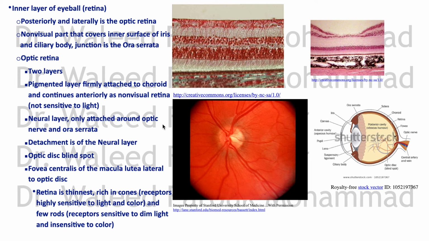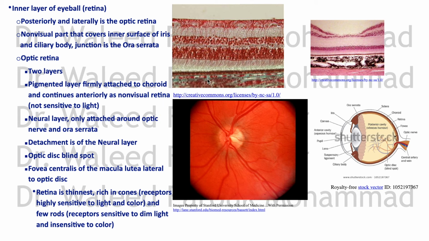This is called the non-visual retina. The other part has the neuronal component of the retina, which are the receptors and the connecting neurons, in the form of layers, around 9 layers.